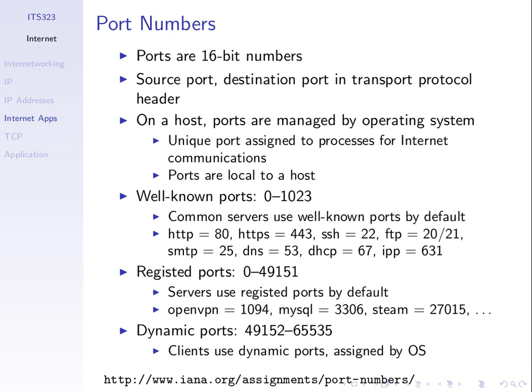And there's a standard that lists them. Registered ports are used for other servers, which are not so common, but mainly for servers. And then the client has a port which is called a dynamic port, which is assigned by the operating system, usually from the range of around 50,000 upwards.